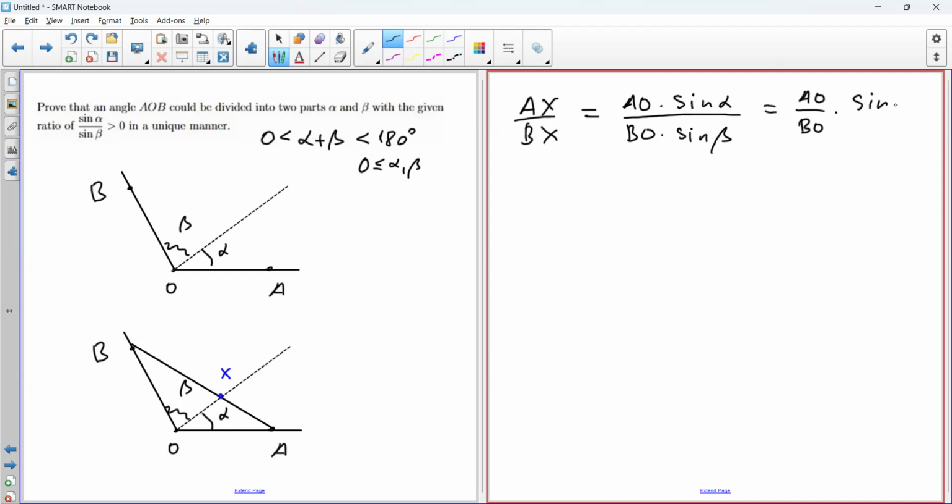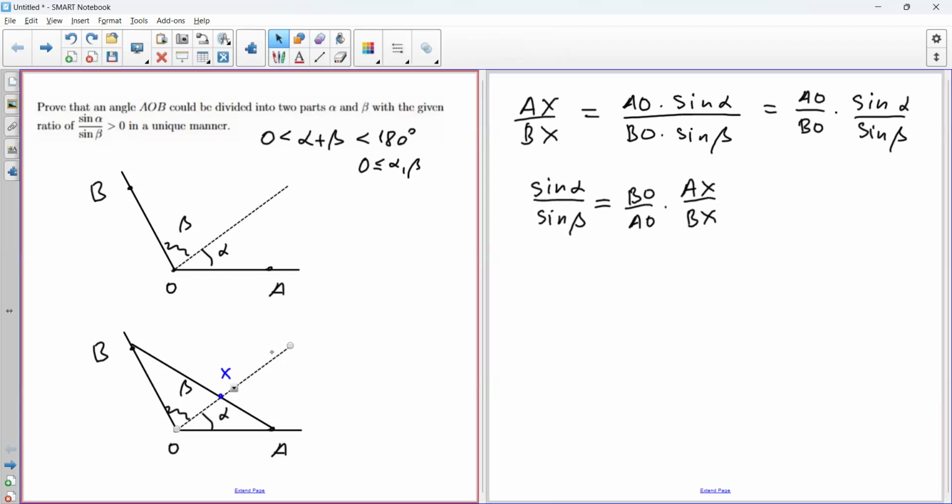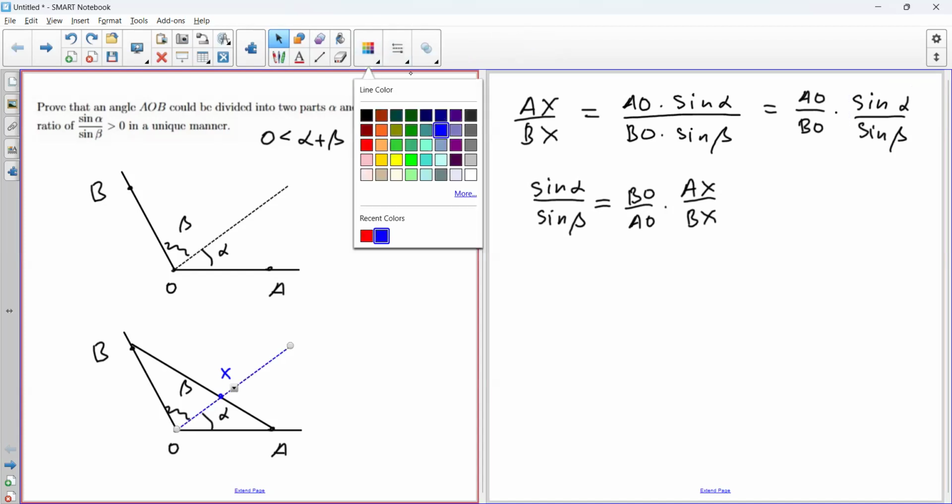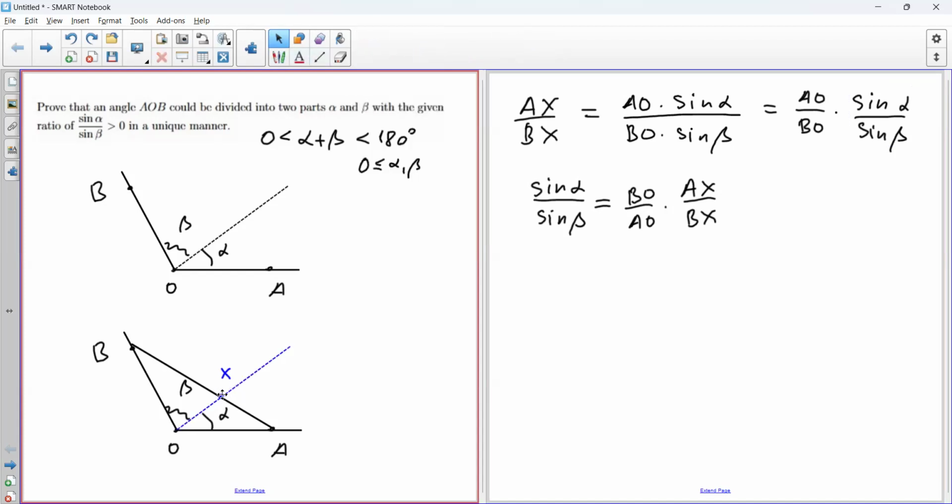times sine alpha over sine beta, which we can reverse, of course. We can rewrite this as sine alpha over sine beta equals BO over AO times AX over BX, where once again, this ray itself and correspondingly the point X, we can move them.